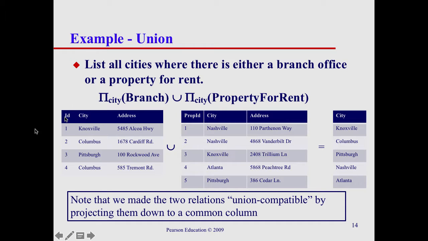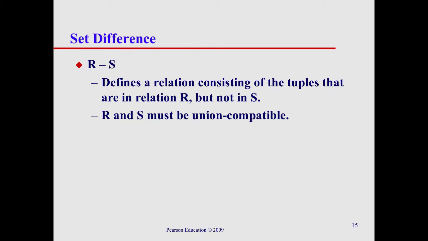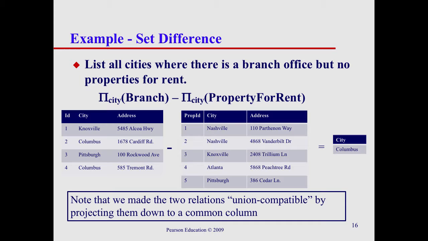Because ID and property ID are not really the same, we actually project down and just ask for the city from each of the 2 relations and then do the union, and that makes them union compatible. Set difference, again, the big minus sign, you should have seen that in your classes. And again, here we're finding our deadbeat branches, so we're finding all branches that are located in cities where the branches don't actually manage any properties. We probably want to either shut them down or tell them to get on the stick.